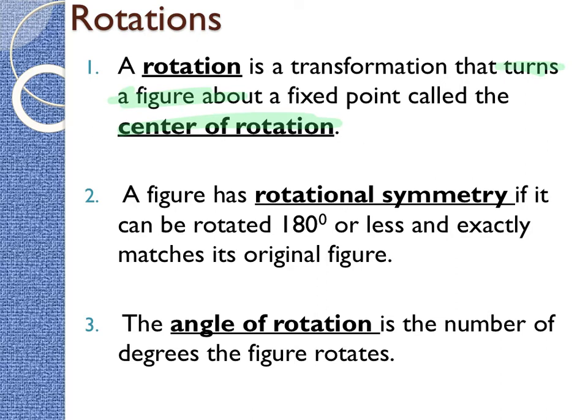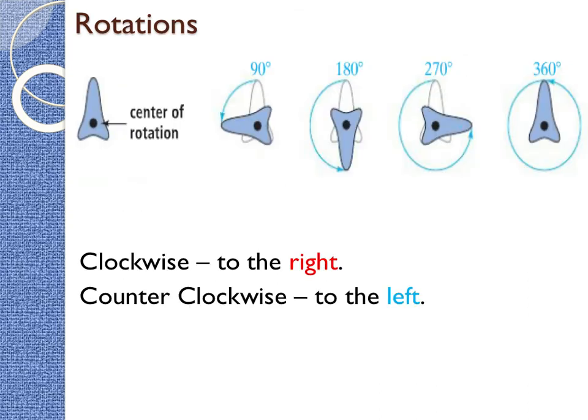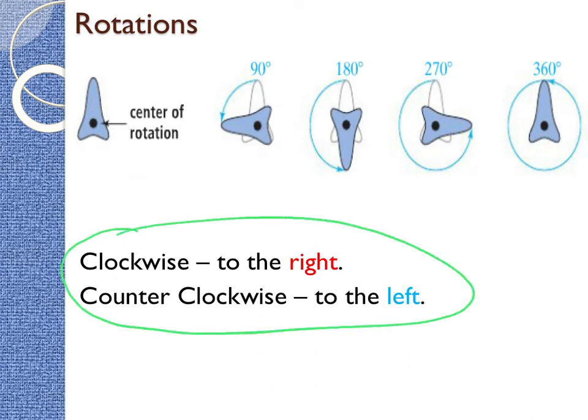Rotational symmetry: if you can rotate it 180 degrees or less and it exactly matches its original figure. That means when you turn it and you go 180, it gives you the same thing. Then the angle of rotation is the number of degrees. And this just shows you your center of rotation. Now, here's what's important. Clockwise goes to the right, counterclockwise goes to the left.